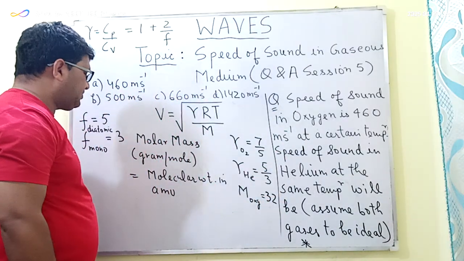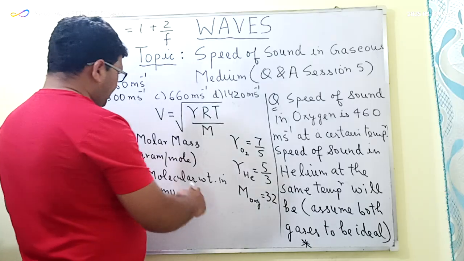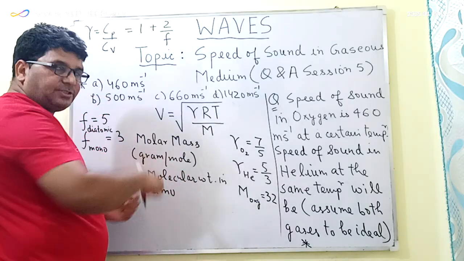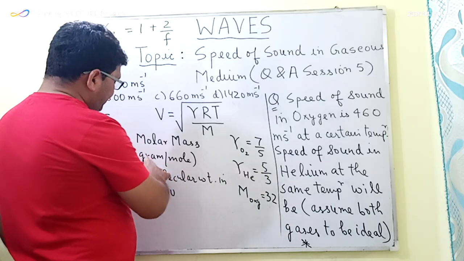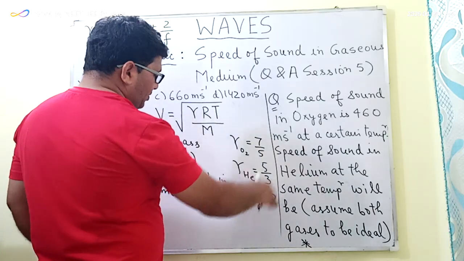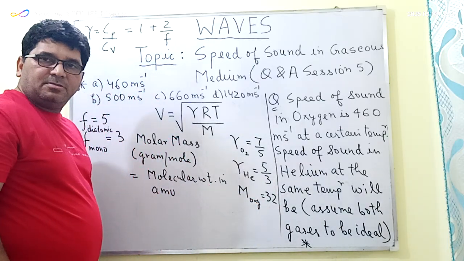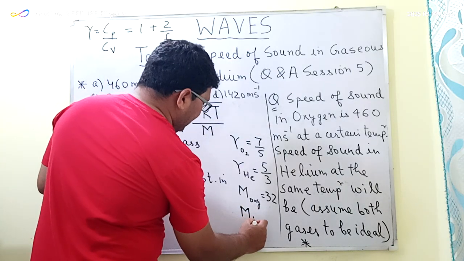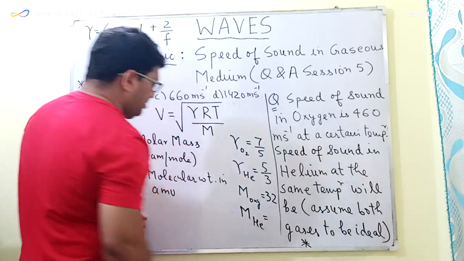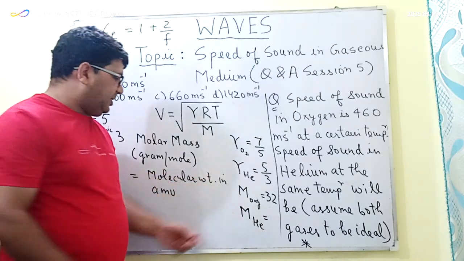So the molar mass in gram per mole for oxygen will be equal to 32. And similarly, the molar mass for helium is equal to 4.